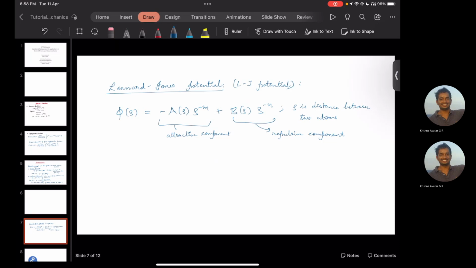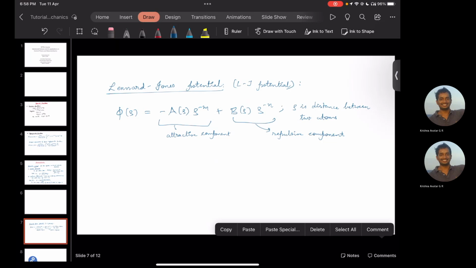The repulsive component is always positive, and this can happen in electrostatic as well as magnetostatic systems where we have both sorts of components.